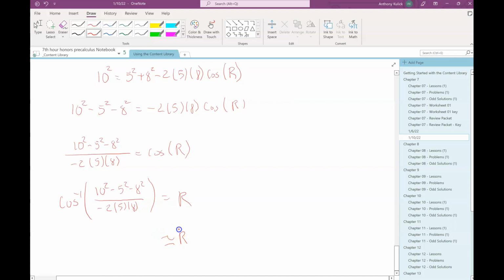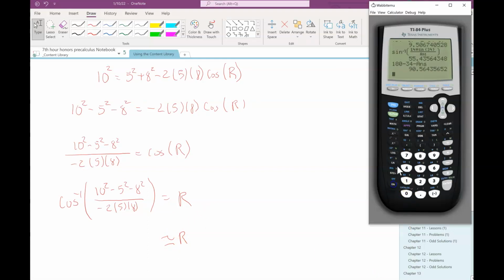And now, if you haven't been using that fraction command on your calculator like I have been, this is the time where you definitely would want to, because you need a whole heap of parentheses to make sure the calculator does the right order of operations for you with what we've written down. Or you can just do that fraction command on your calculator and then type it in exactly like it looks on your sheet of paper, and your calculator will do what you mean it to do.